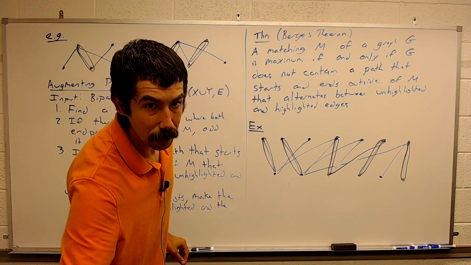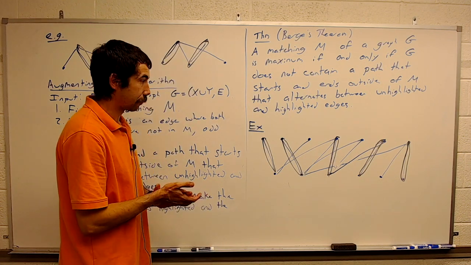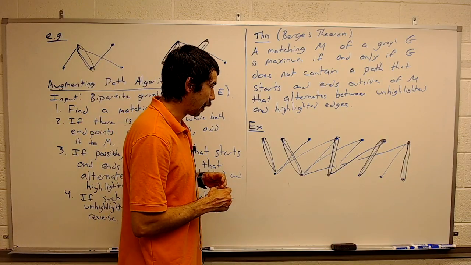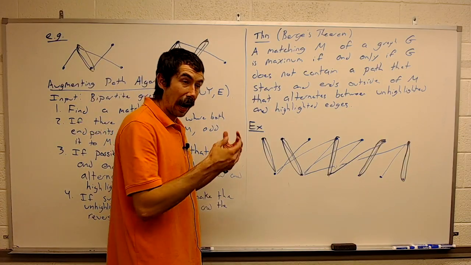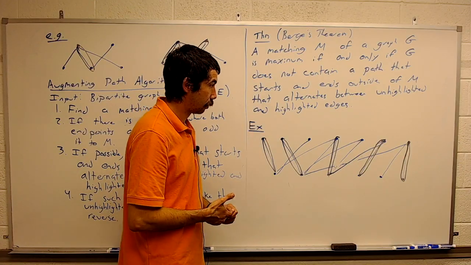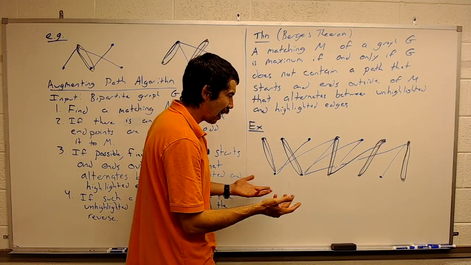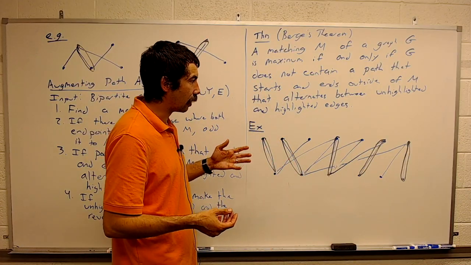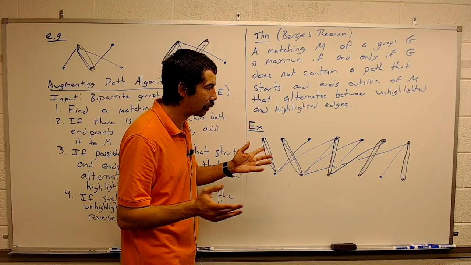Okay, and so now we want to do this again. Keep searching for these paths that alternate between outside the matching and in the matching. Okay, and we could keep searching, but I think we're actually done, right? We do have to check.